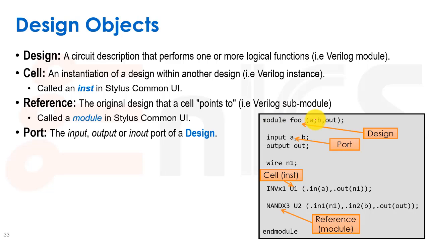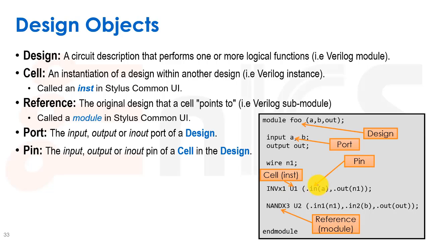Okay, when we are looking at the scope, the primary inputs and outputs of this design are called ports. So the ports of module foo are A, B, and out. However, if we look inside an instantiation such as U1, U1 is not in our scope. It's a sub instance of our scope. So the ports of this inverter U1 are called pins in this case.